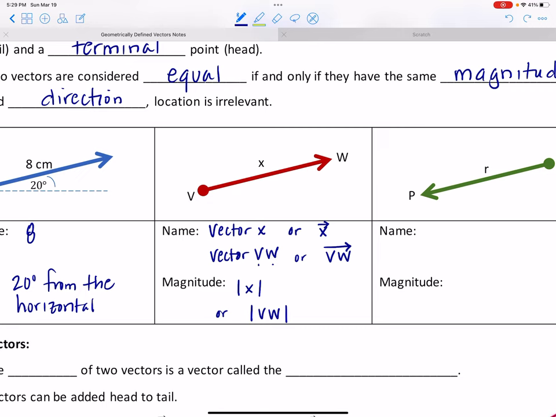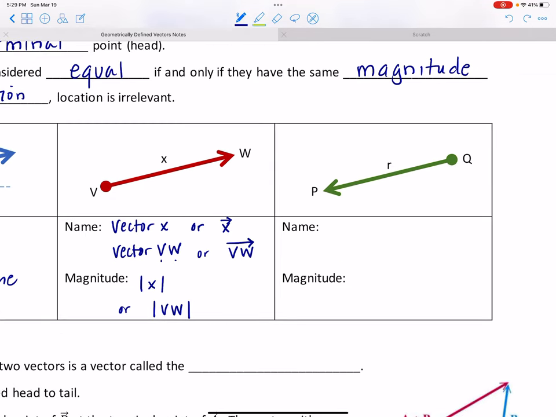Okay, so same concept. If I have this vector shown in the third box in green here, if I was to name this, I could call it vector r, or I could call it vector qp, initial and then terminal points, or I could use the notation. I could say vector r with an arrow above the r, or I could say vector qp with the arrow above the qp.